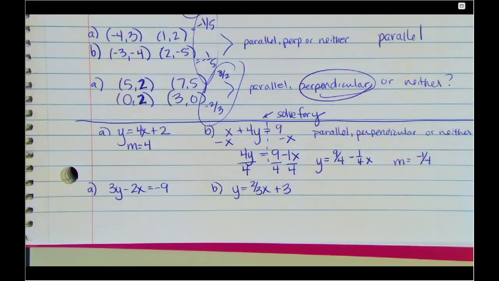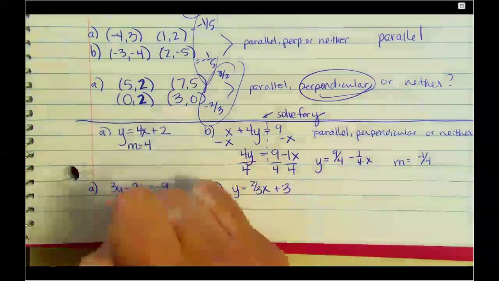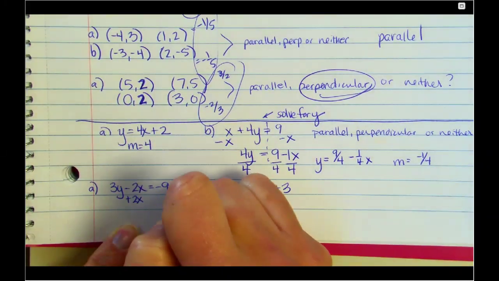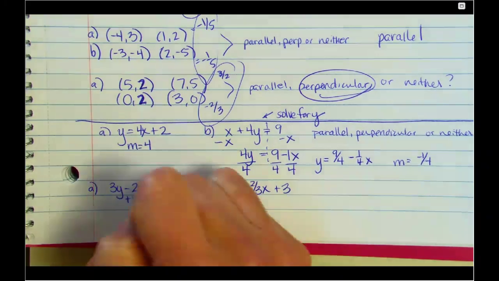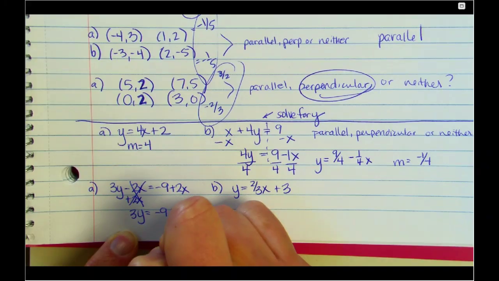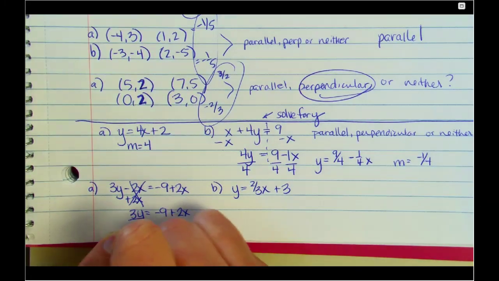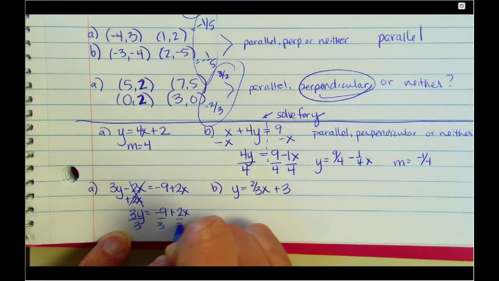What is the first thing you need to do? Get y by itself. Add the 2x. Yes, add the 2x. So now you have 3y equals -9 plus 2x. What's your second step? Divide by 3. Divide all those pieces by 3.